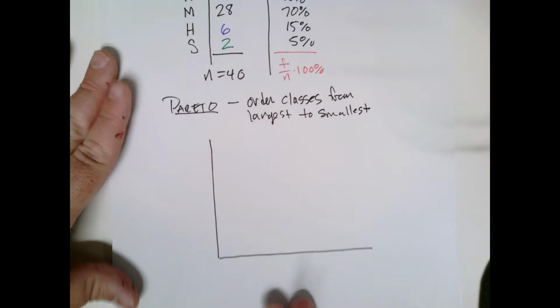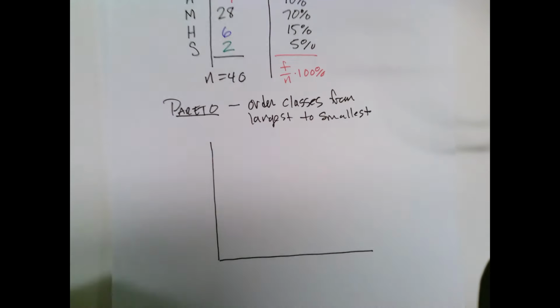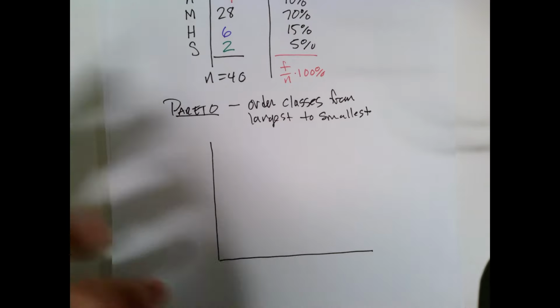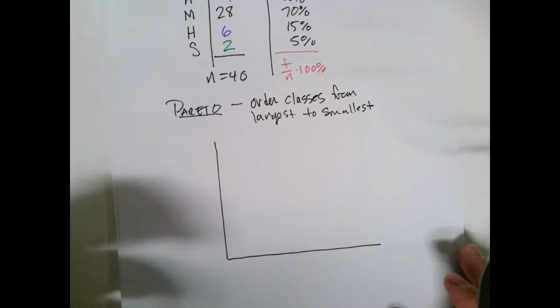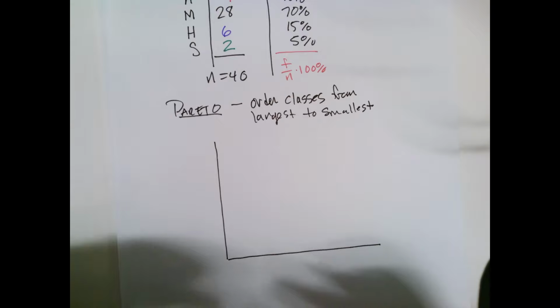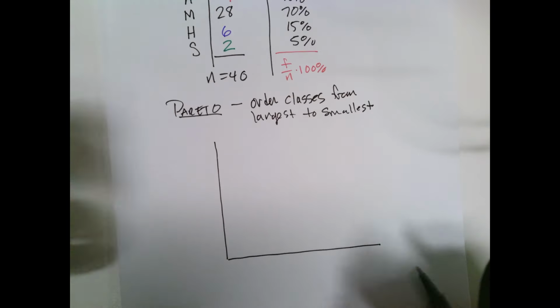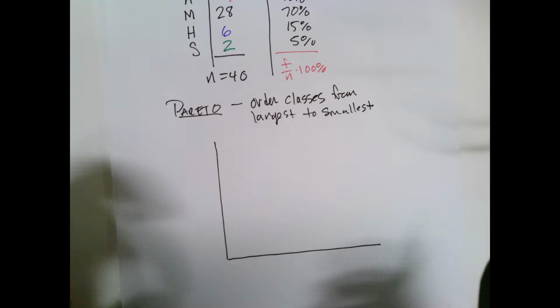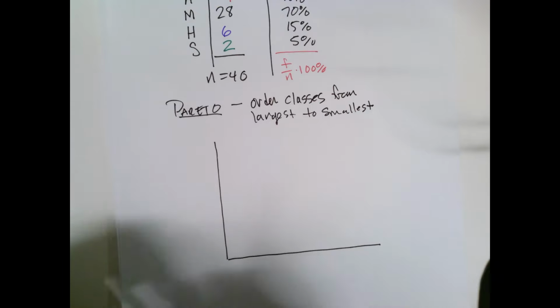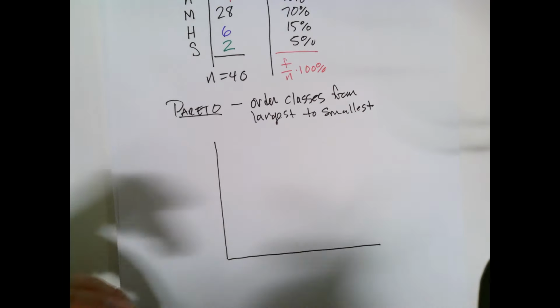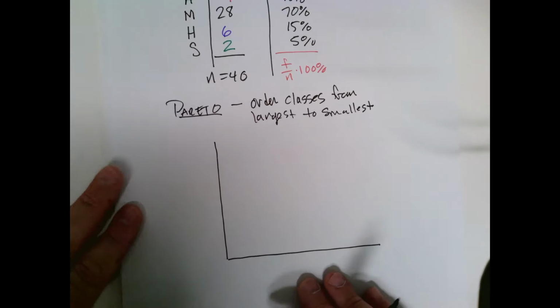This is just a bar graph, and you can make the bars touch or not touch. I prefer not touching because these classes aren't connected. You can sort them in any order you want, so I like to do that. Now when I do that, I want to make sure the spaces between them are the same, the widths are the same, because you can create a deceptive graph otherwise.